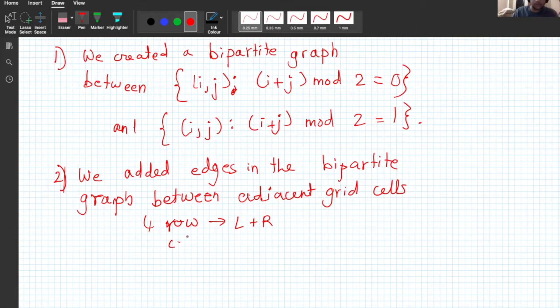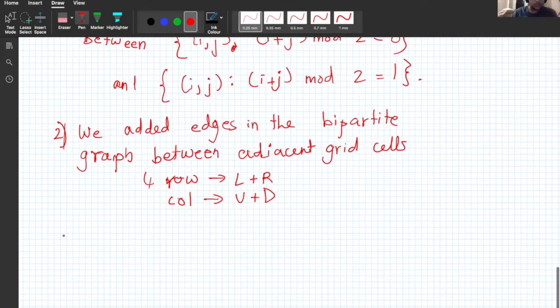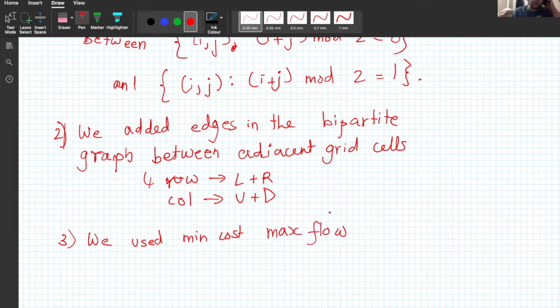If they're in the same column, then the cost was up plus down. Third, we used min cost max flow to get a minimum cost bipartite matching on this graph, and we got the cost plus config.